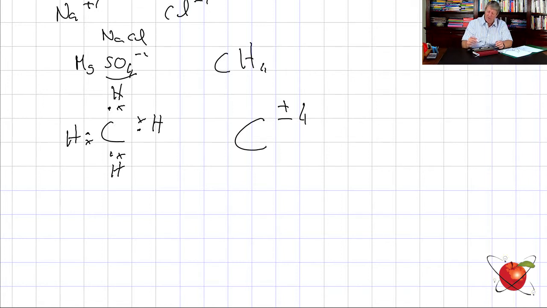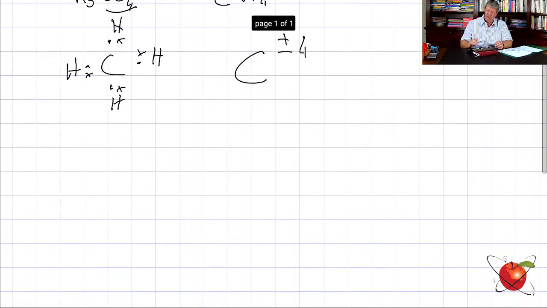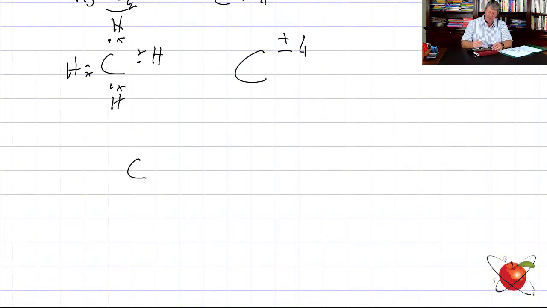Because when we drew the Lewis diagram of carbon, we had the outer valence electrons in the carbon atom, 4 of them. Remember I called them 4 parking spaces. Those 4 parking spaces can only take 4 other electrons.